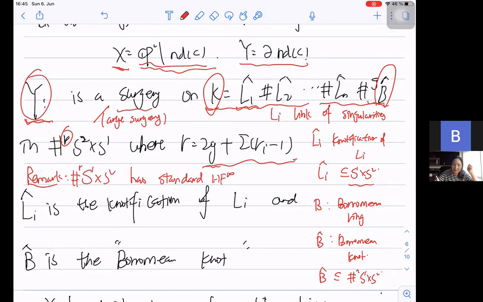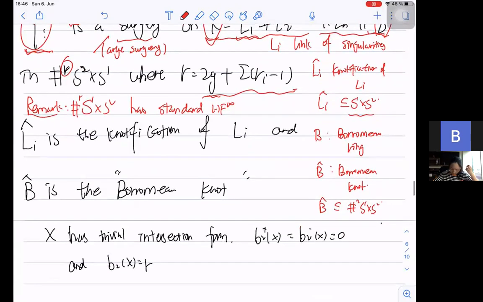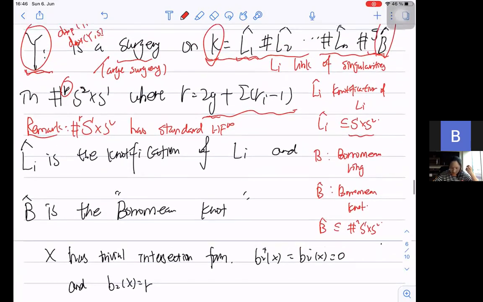So this is a standard fact. If you're doing large surgeries on a standard HF infinity three-manifold, you still get a three-manifold with standard HF infinity. So here Y also has standard HF infinity structure. In that way, we can define the top and the bottom of Y at some particular spin-c structure as what we defined before.